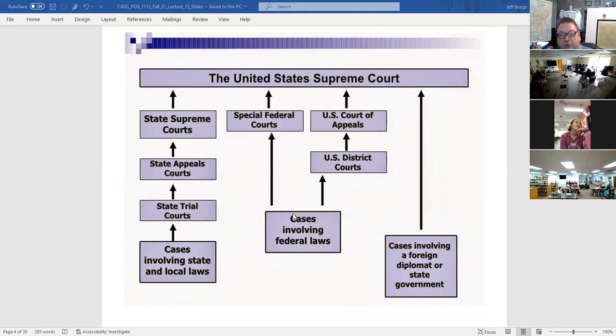Cases involving federal laws start in the district courts or the special courts.